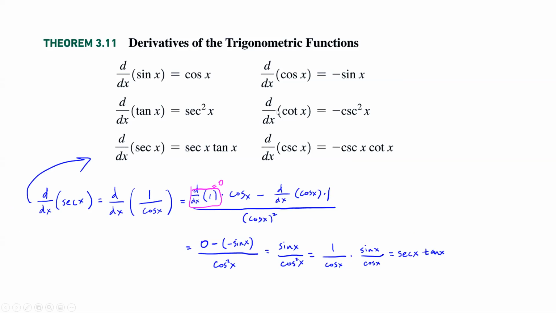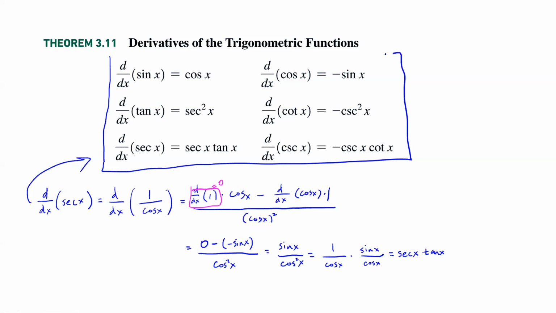So I encourage you guys to try doing that also with cotangent and cosecant to make sure you can see how they get these formulas, just in case you forget. But this is it. So this is all the trig functions here. So now we can just practice some more of these formulas.